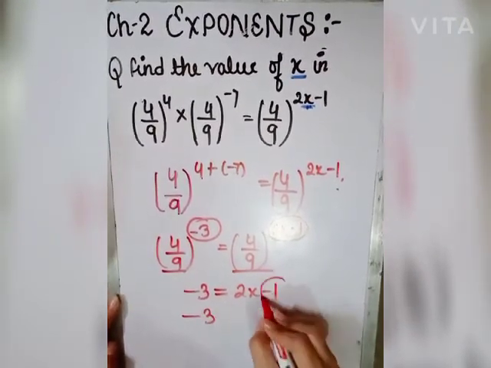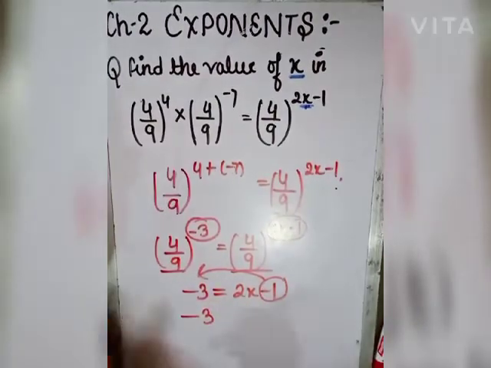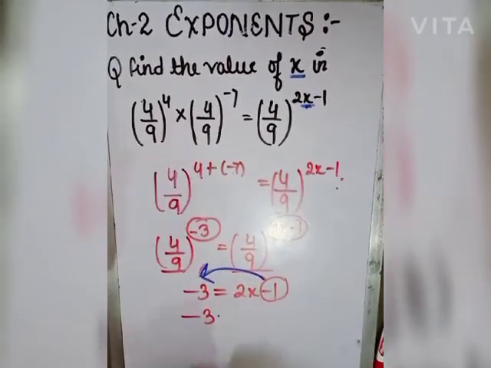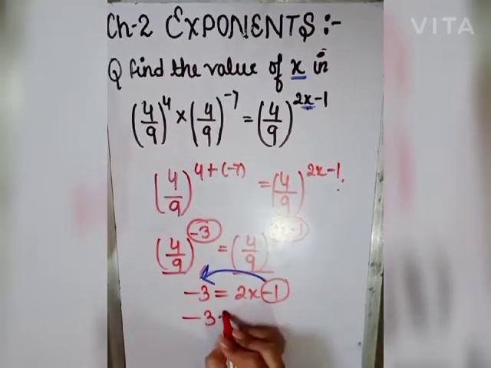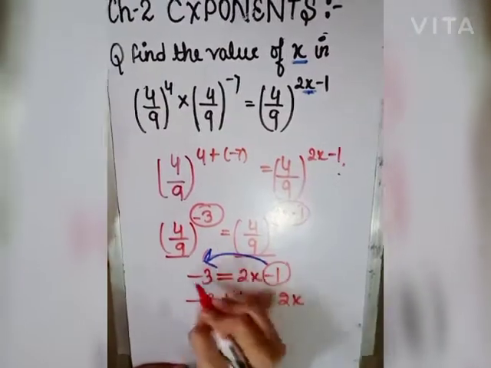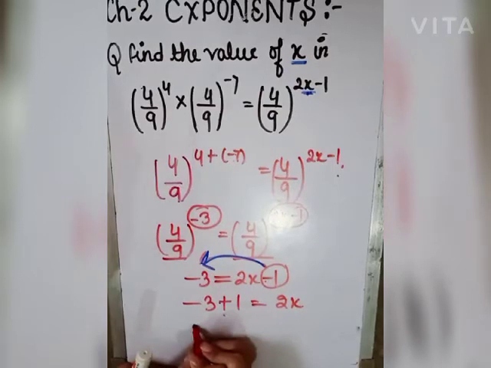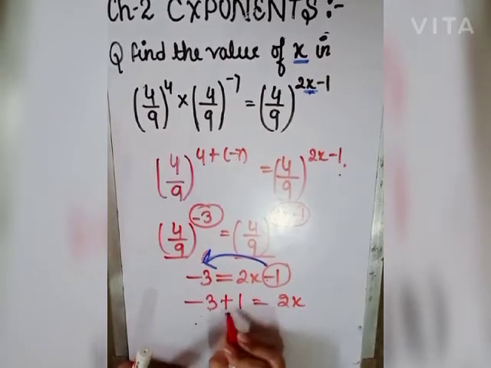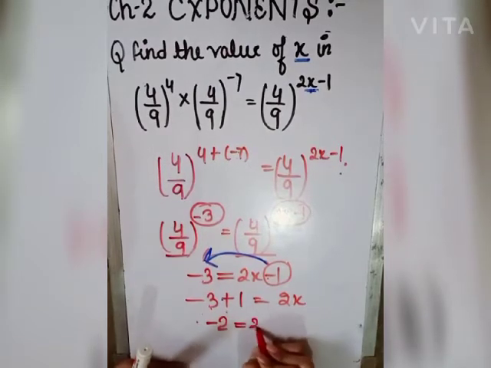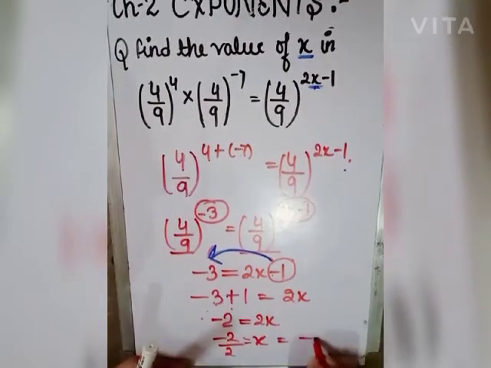Now transport this 1 to the other side. 1 will come to the other side of the equal sign, and it's negative here, it will change to positive. जब इक्वल के साइन के दूसरी तरफ जाते हैं तो साइंस चेंज हो जाते हैं. ये नेगेटिव में था, इधर जाके पॉजिटिव में आ जाएगा. प्लस माइनस इज माइनस, so 3 minus 1 is 2, and put the sign of 3 negative. From here we can find the value of x, which is minus 1.